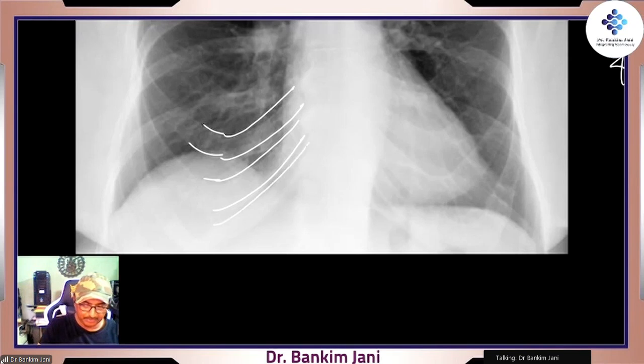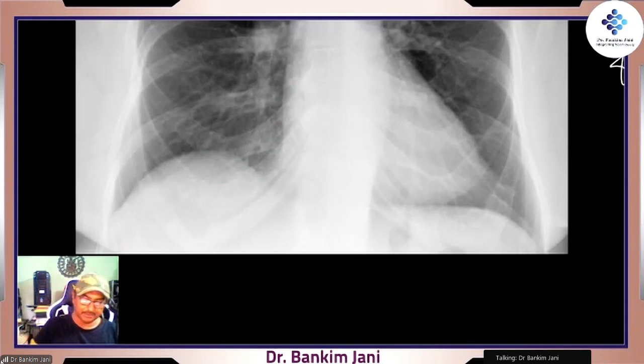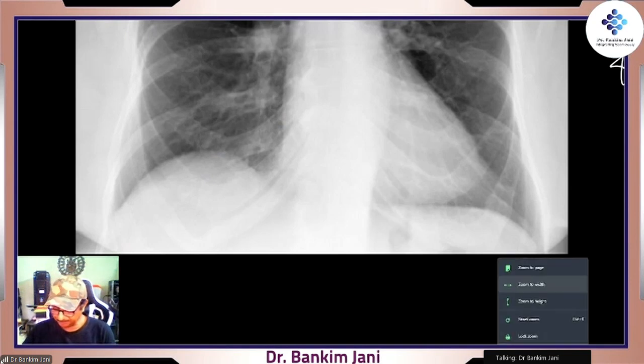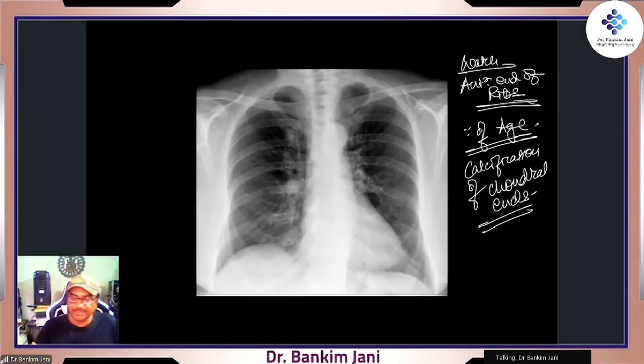This is possible only in aging, when there is calcification of the chondral ends. Chondral means cartilage end. So there is calcification, and you watch all the way till the end.